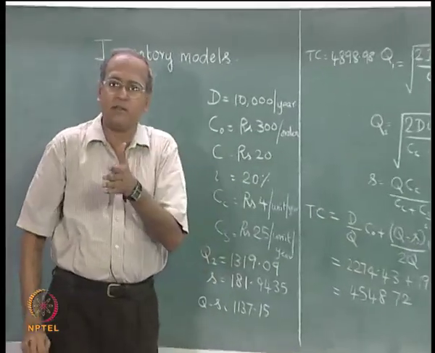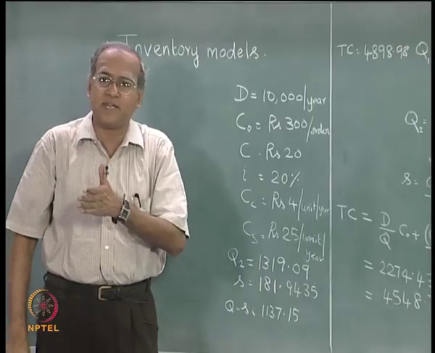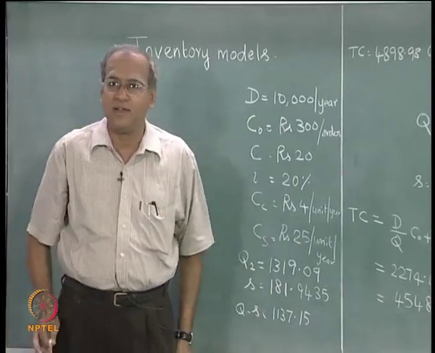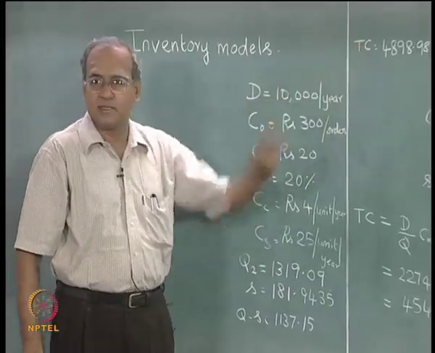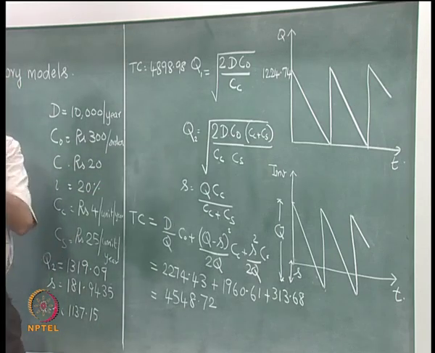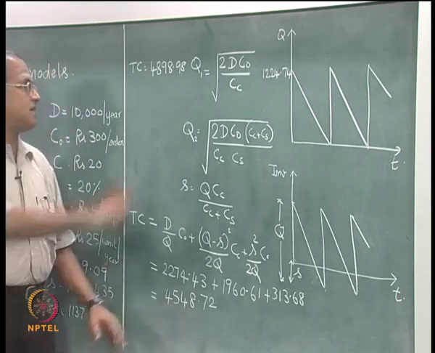So only when the backorder cost is kept as infinity, which implies that backorder is not allowed, we will automatically get the other model. As long as the backorder cost is anything smaller than infinity, however large it may be, this model will always give a total cost slightly lower than this model.